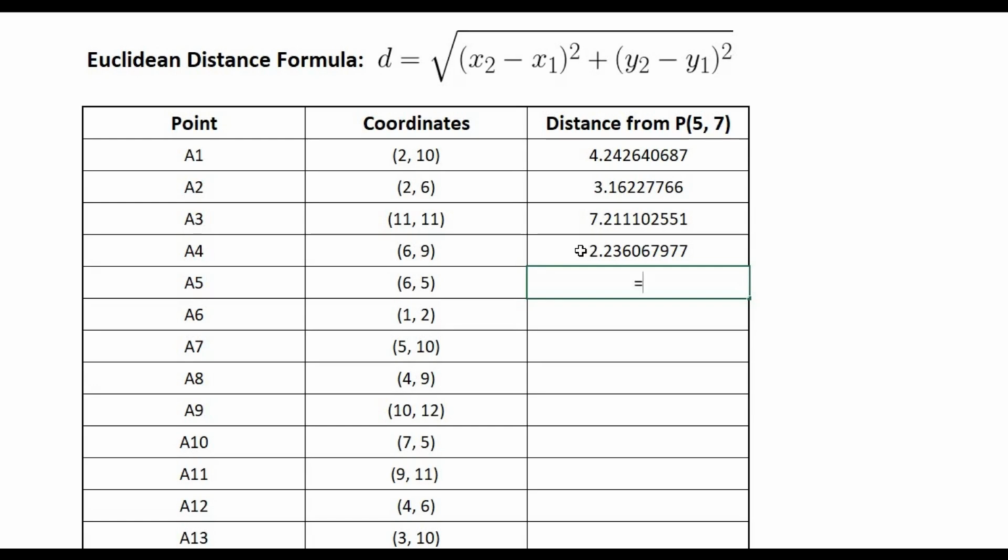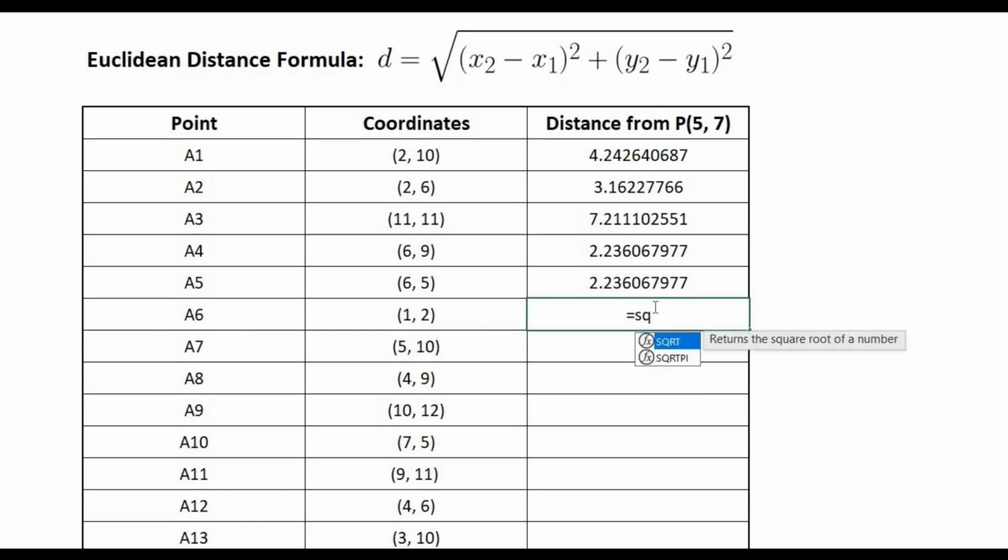Other is square root, 5 minus 6 whole square plus 7 minus 5 whole square, bracket close, it's the same. As you can see, the Euclidean distances of data points A4 and A5 are completely the same, every digit.